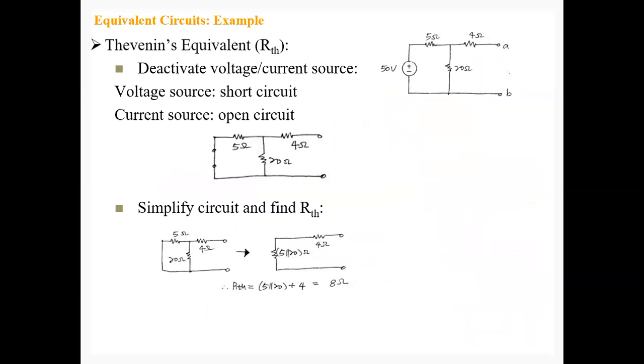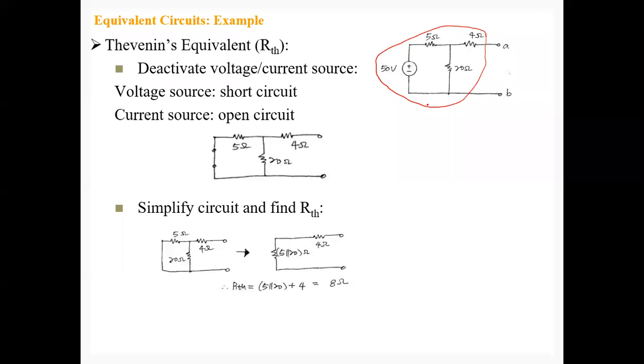Let's do one problem. Let's start with a simple thing. How do you find the Thevenin equivalent of this guy? Remember this is supposed to be the messy circuit, but it doesn't look that messy, right? We are just starting with a very simple circuit.